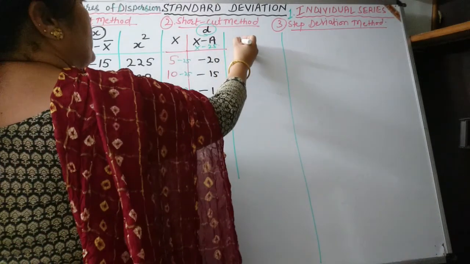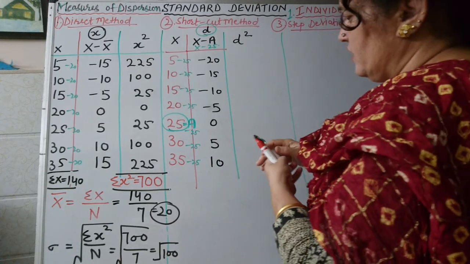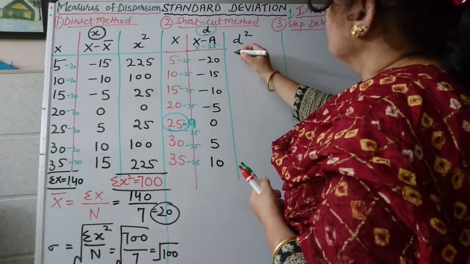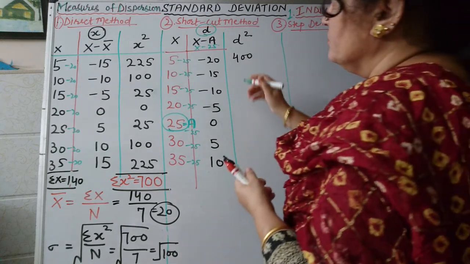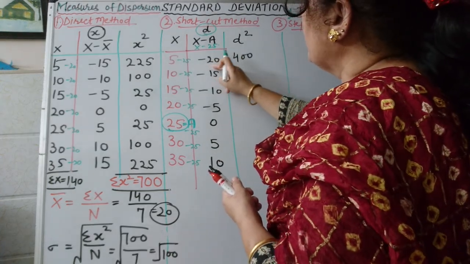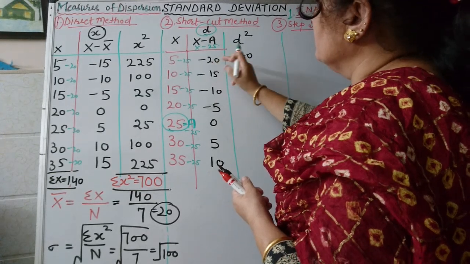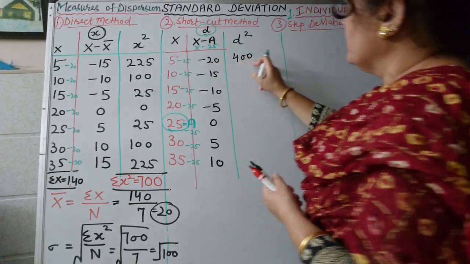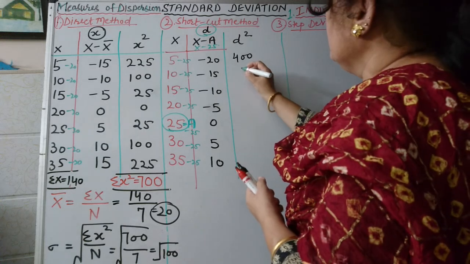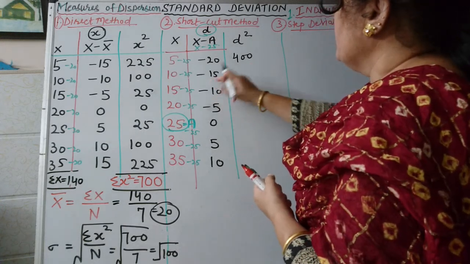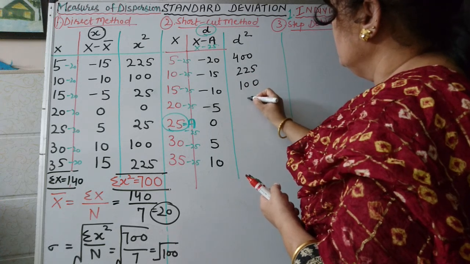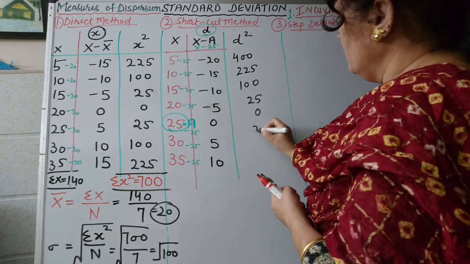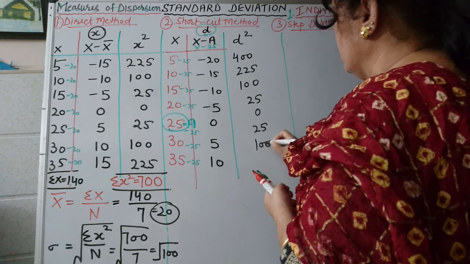Then let us calculate d square. For the calculation of d square, 400, because minus 20 multiplied by minus 20 will be 400. Then minus 15 multiplied by minus 15, 225. Then 100, 25, 0, 25 and last one is 100.